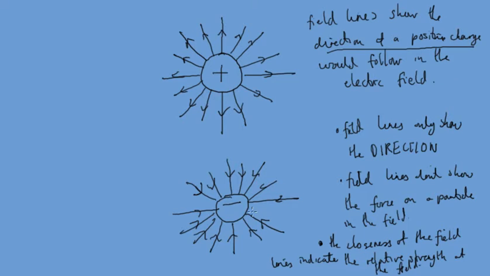So if you were to draw more field lines, that would show that the electric field associated with this point particle was stronger than, say, if we had, this is another one here.